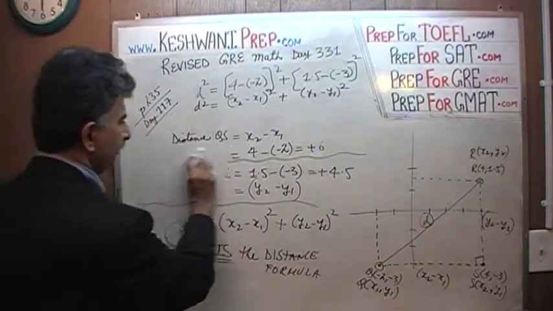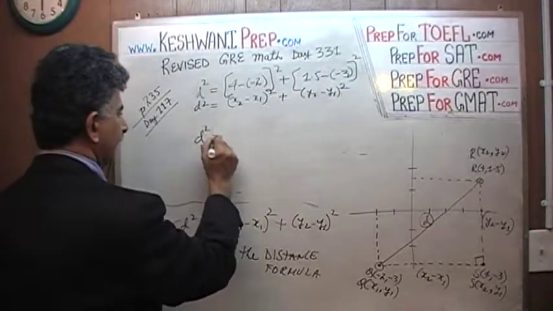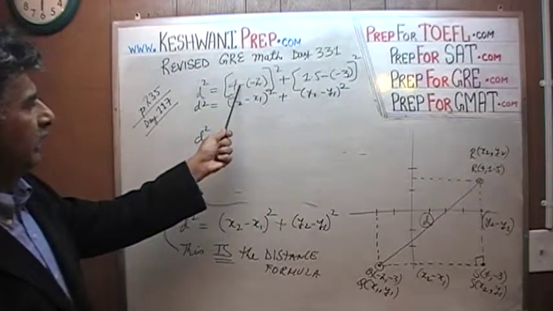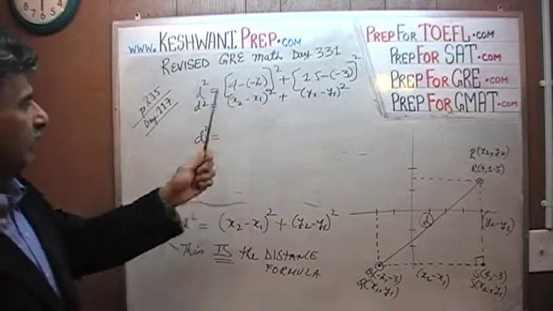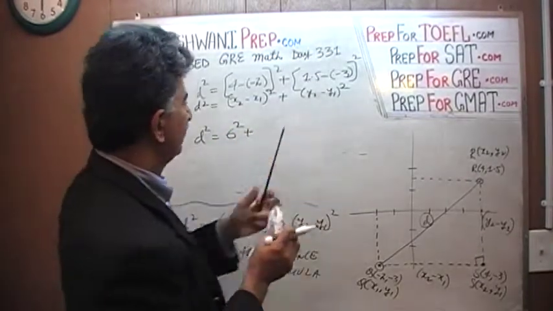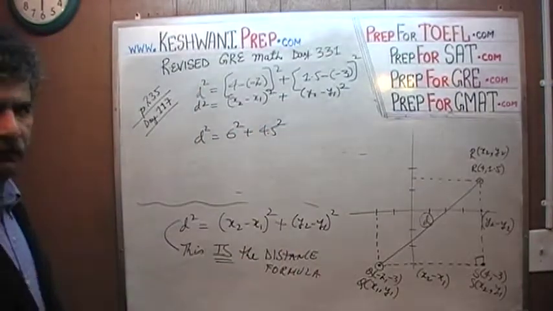And therefore the distance that we're looking for, d squared, is going to be this quantity right here, which is 4 minus a negative 2. The negative and negative is going to be a positive. 4 minus a negative 2 is 6 squared, plus 1.5 and 3 is going to give us 4.5 squared. That's it, we're almost done.